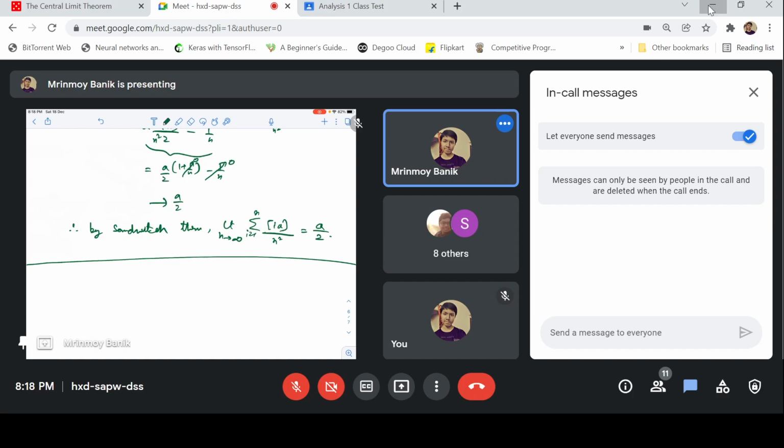Then we have another definition. Similarly we have f defined on an open interval in R. It's a U to R function, sorry.